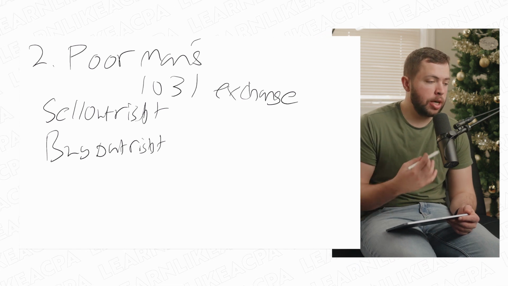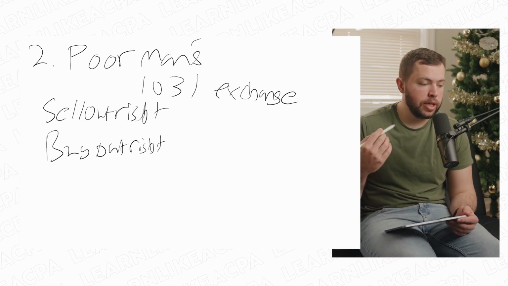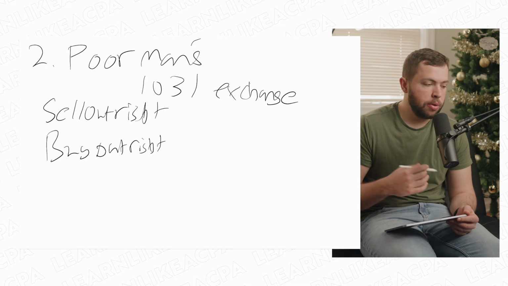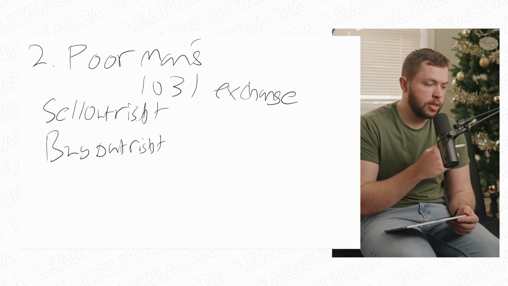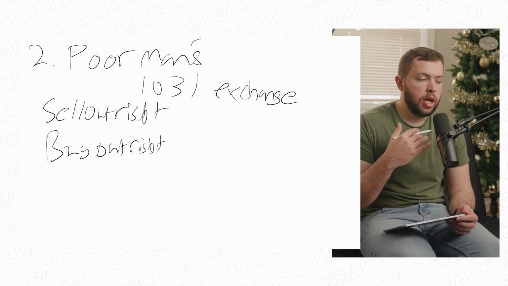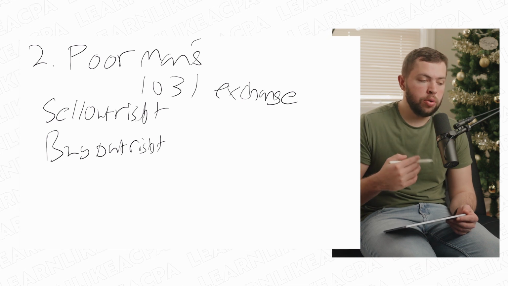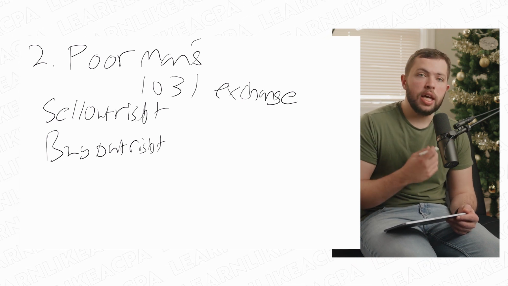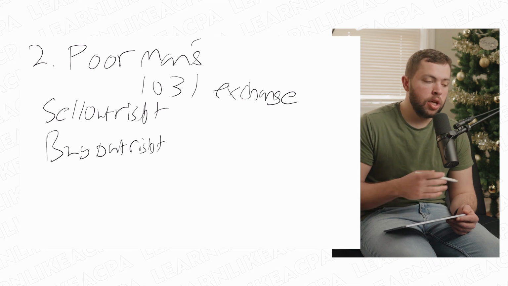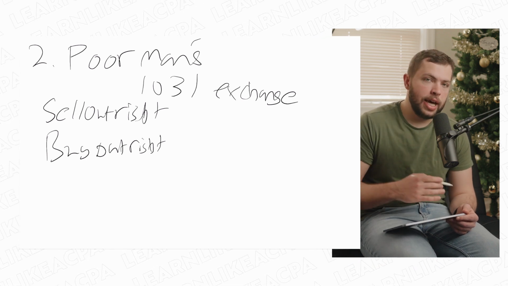Which brings up another great point: if you're later in the year, like where we are now, November, December, even October, you may not want to do the 1031 exchange, because if it falls through for whatever reason, you have no recourse against that tax liability.